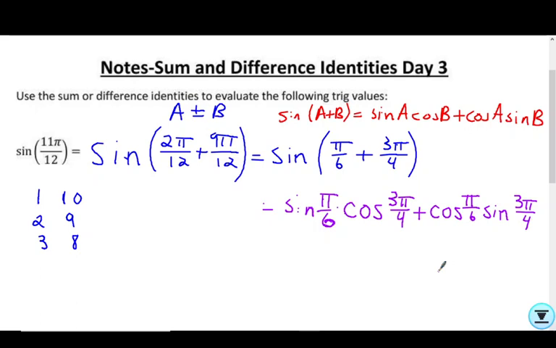So what is sine at pi over 6? 1/2. Pi over 6 is 30 degrees, but sine at pi over 6 is 1/2, times cosine at 3 pi over 4, which is negative root 2 over 2, plus cosine at pi over 6, which is the square root of 3 over 2, times sine at 3 pi over 4, which is positive root 2 over 2.